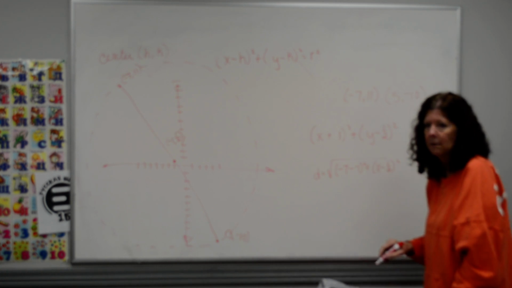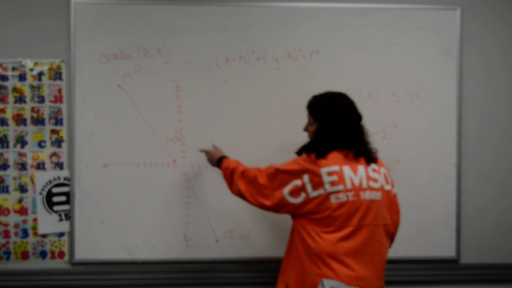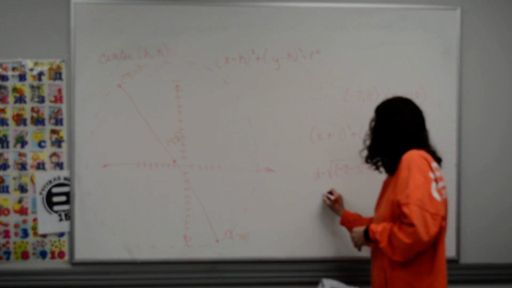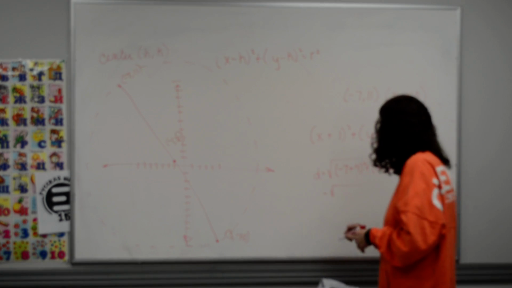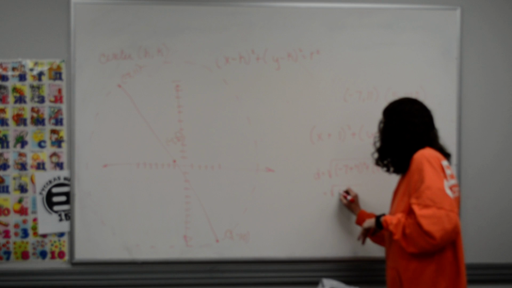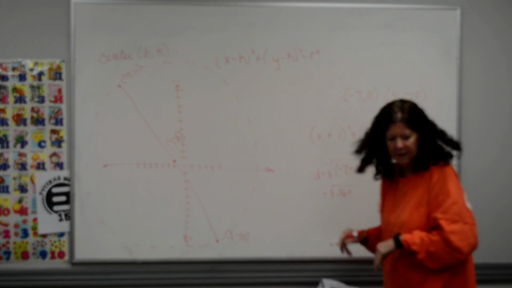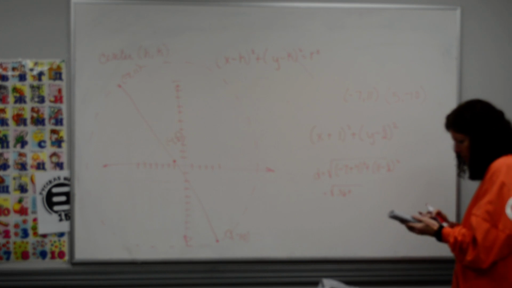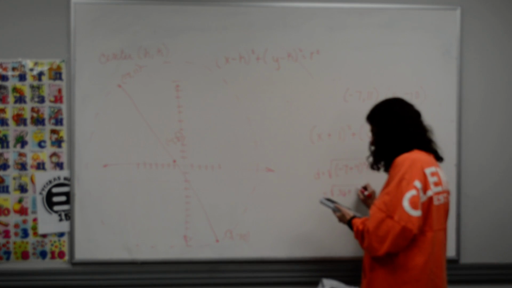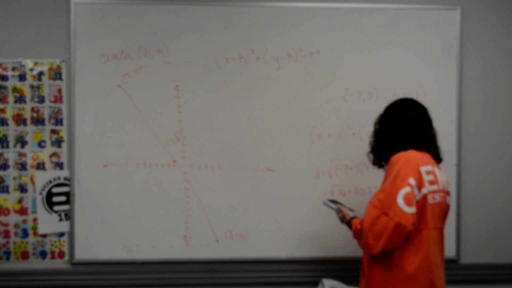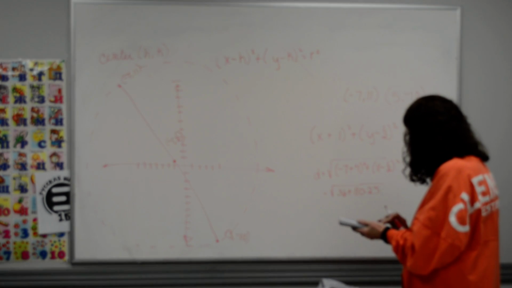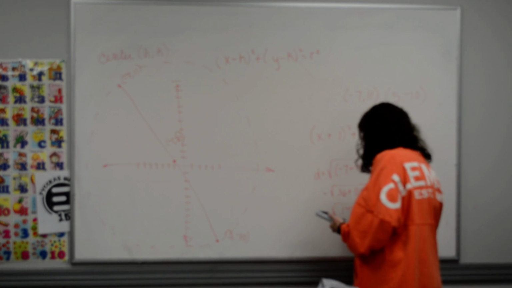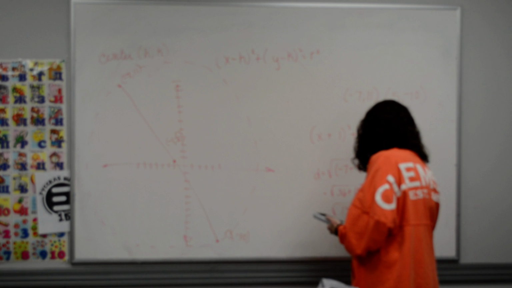Are you with me? I could have used this point and this point, but it's the midpoint and one of the endpoints. So I add the opposite, so it's negative 6 squared, which is 36. And then 10.5 squared, which is 110.25. So I've got the square root of 146.25.